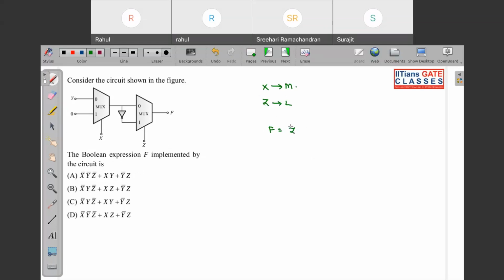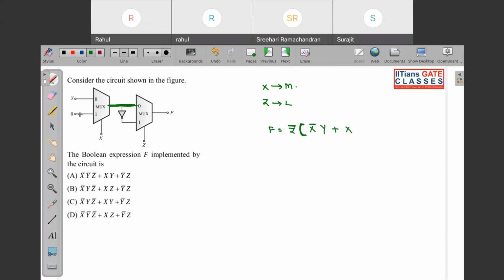So F you can write directly. If it is Z complement, look very carefully, this line will be getting selected. Okay, so open your bracket. If this line has to be selected, write what will be the output of this mux. If it is X complement, then this will be selected, so Y, okay, Y is over here. If it is X complement, the 0th line will be selected, so Y plus.